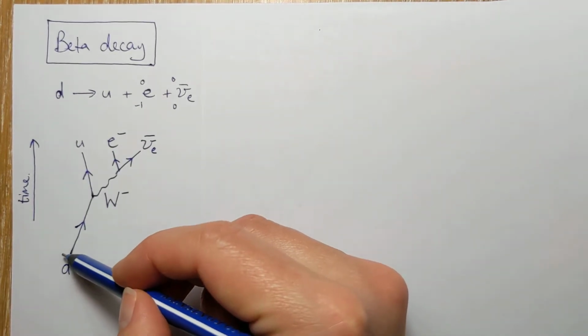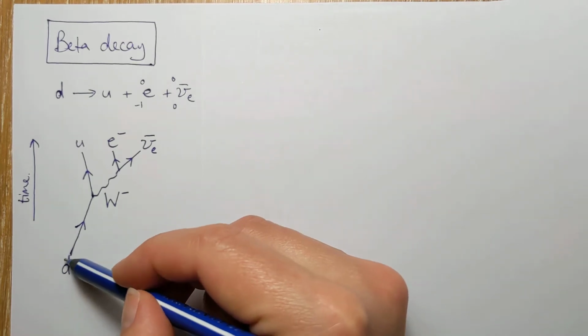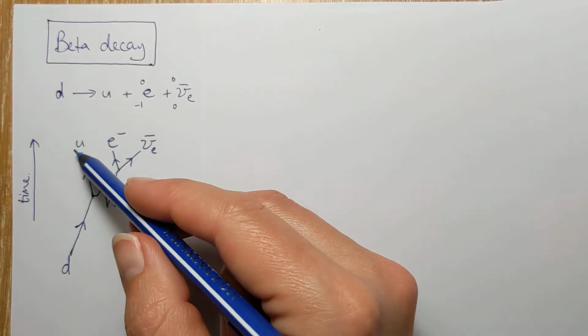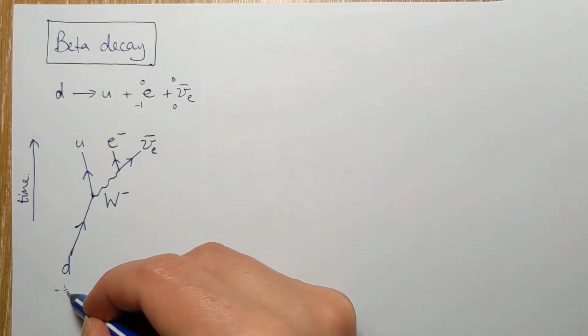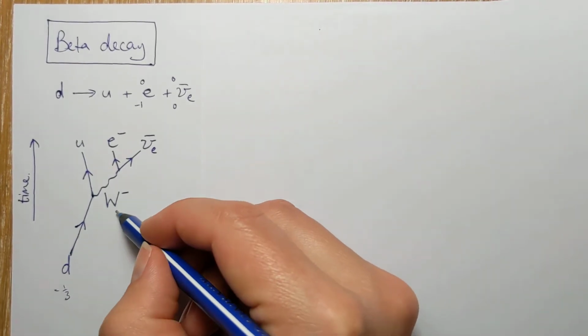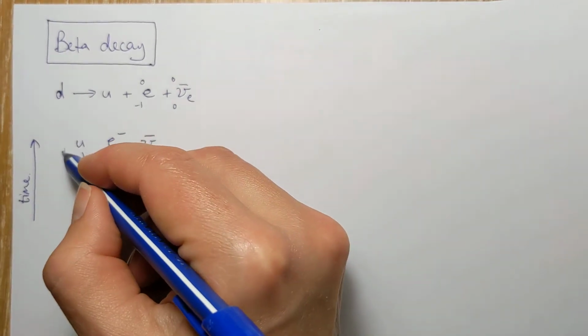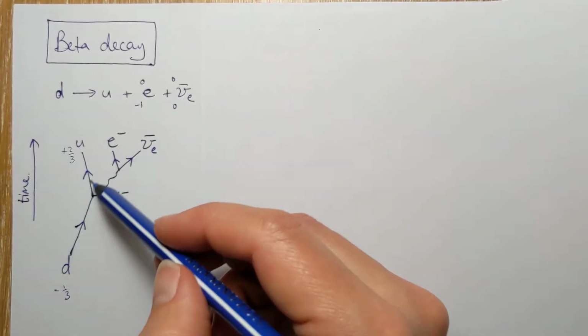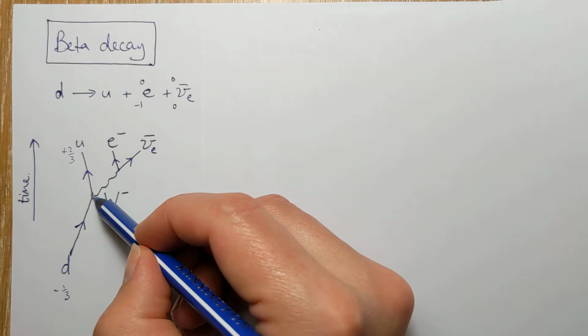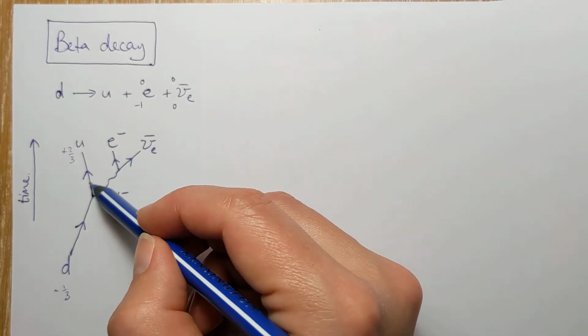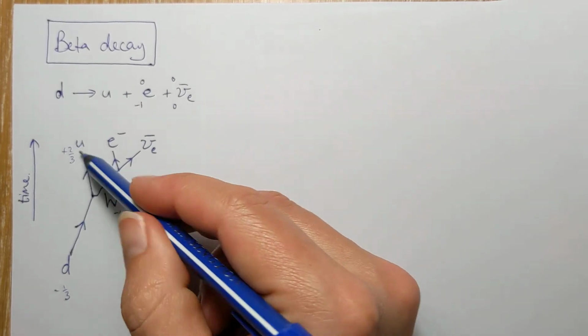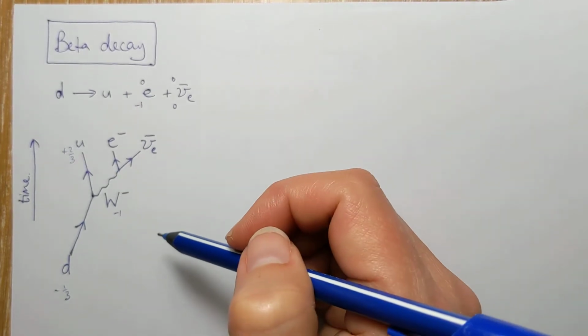We've got a lepton number of 0 and afterwards a lepton number of 0. And then for charge, before we've got -1/3, and then after we've got -1 plus 2/3. So we've got charge conservation happening as well when the down quark throws out the W- boson, so it's basically turning into these two particles.